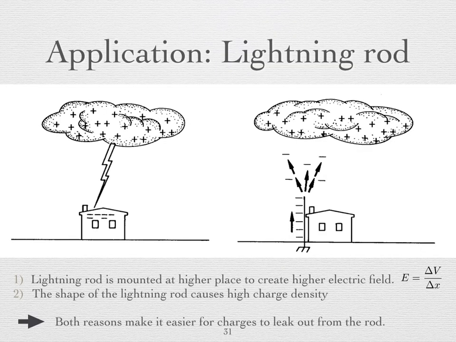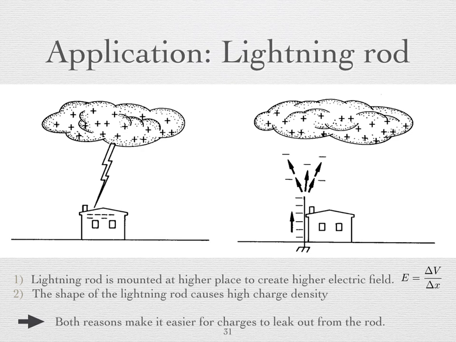So basically, because of these two reasons, that's why you see the lightning rod as it is nowadays. It is usually higher or taller at the top of your house, and it's also somewhat pointy. Okay, but I think exactly why and how effective it is to have a lightning rod is still under a little bit of scientific debate.